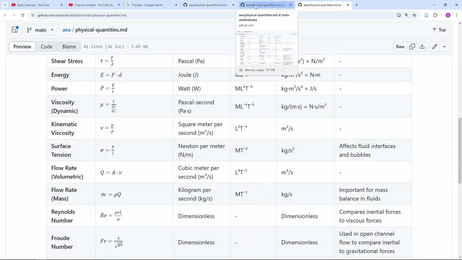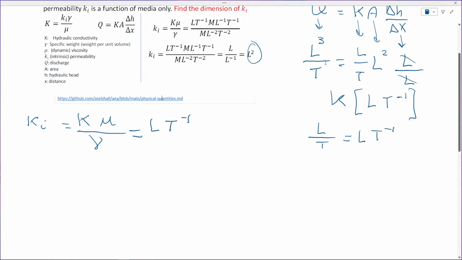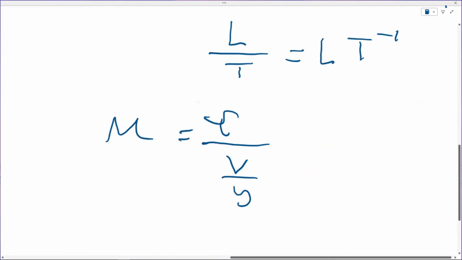So let's write it down. Viscosity is shear stress over v over y, where y is any distance. This is velocity over distance. So let me come here.